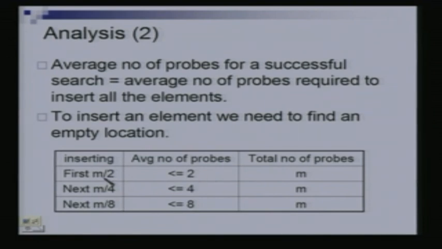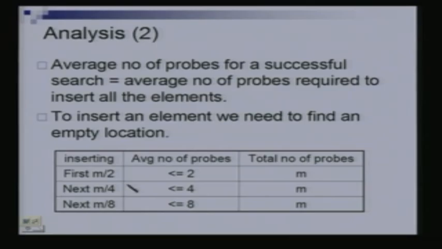Now suppose I have already inserted m by 2 elements into my table, and I am now trying to insert the next m by 4 elements. Just assume that I've already inserted m by 4 minus 1, and I'm now trying to insert this last element. How much of the table is already full? 3/4 of the table roughly is already full.